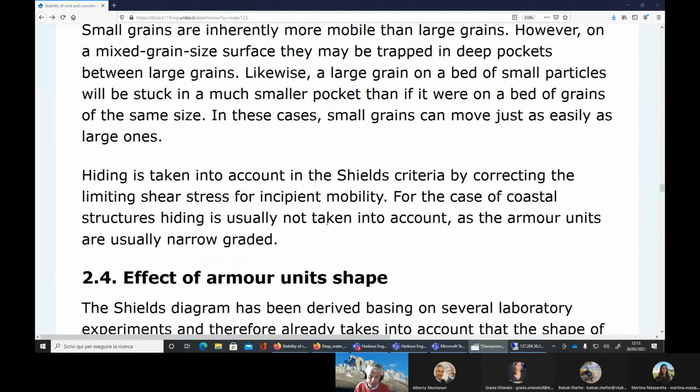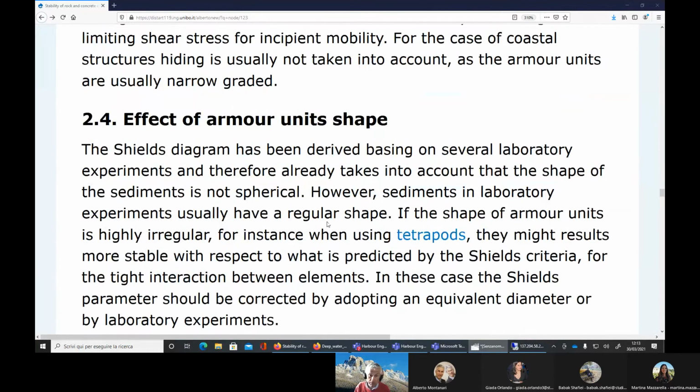Now, the shape of the armor units originates something that is very similar to hiding. So if you use tetrapods instead of regular cubic shapes, for instance, or instead of shapes close to spherical, then you get a situation where the units get in a way tightened to each other, and then you have more resistance.